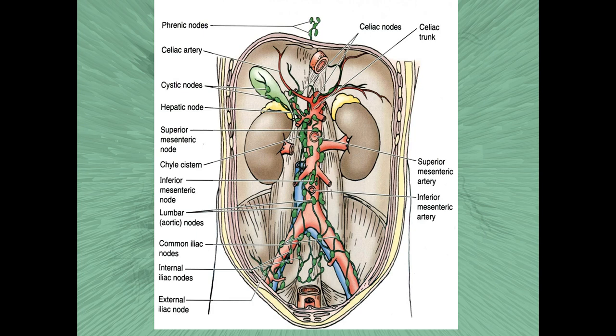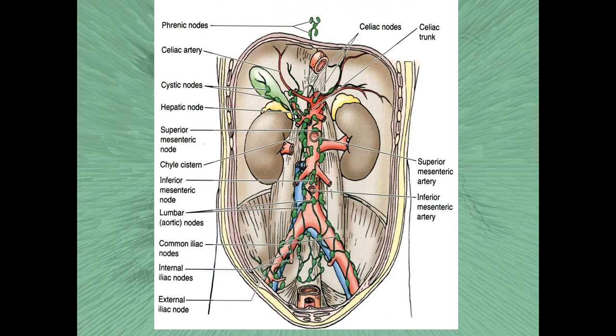Then to the lumbar trunks, and finally to the thoracic duct. If we're talking about the organs of the peritoneal cavity, which are mainly unpaired organs of the digestive system, these collecting groups of the visceral lymphatic nodes are represented by the celiac lymphatic nodes located around the celiac trunk, superior mesenteric lymphatic nodes located around the superior mesenteric artery, and the inferior mesenteric lymphatic nodes located around the inferior mesenteric artery.